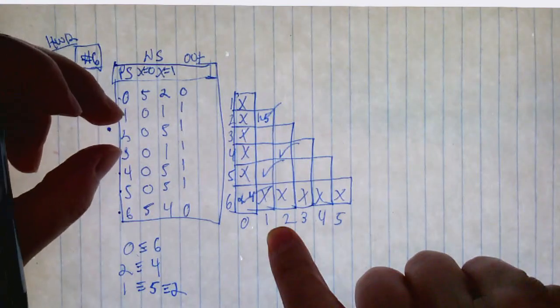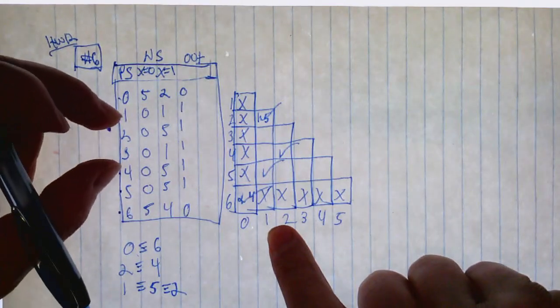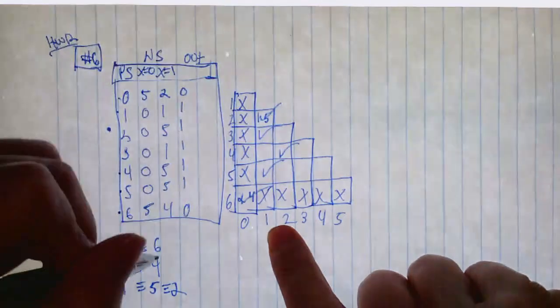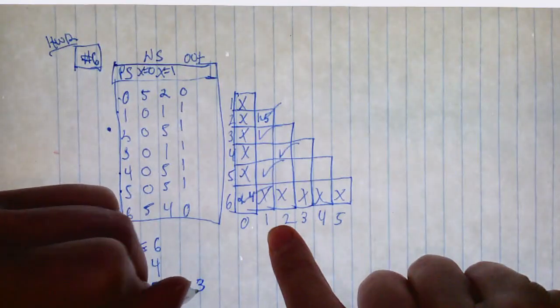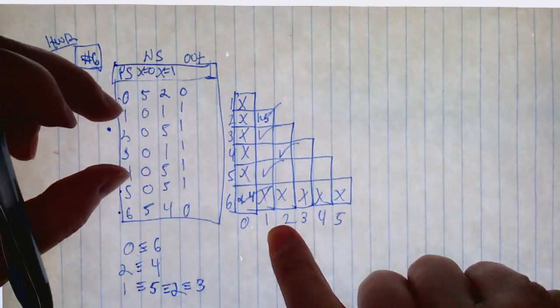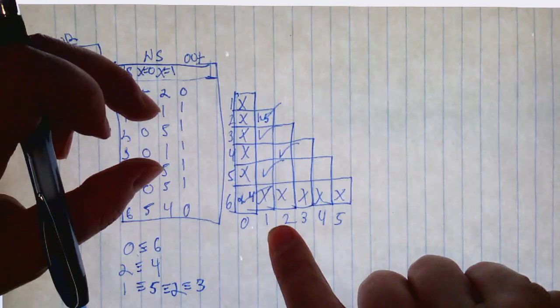Right? Because 1 is equal to 2 because 1 equals 5. Now we do 1 and 3, and that's looking equal. And then we'll do 1 and 4, which requires 1 and 5, which we have.